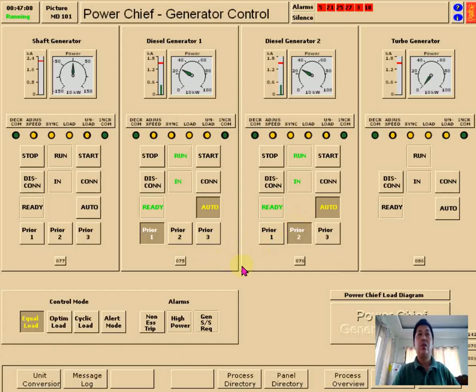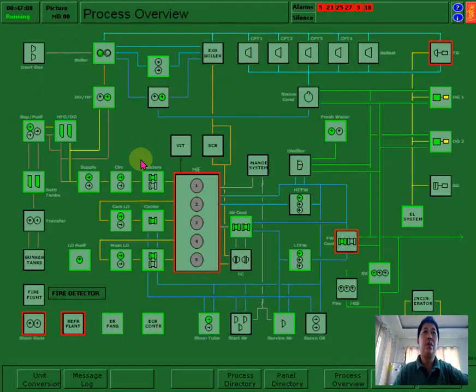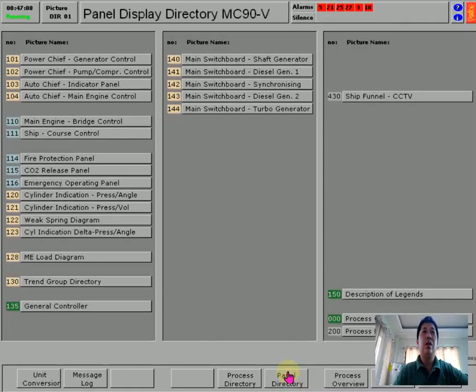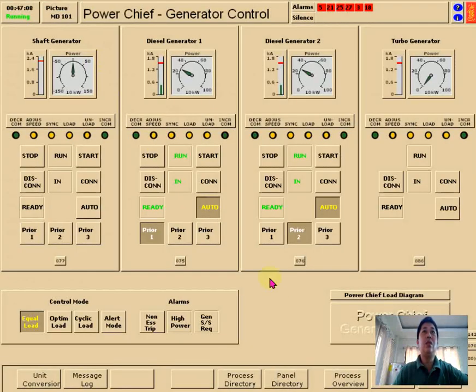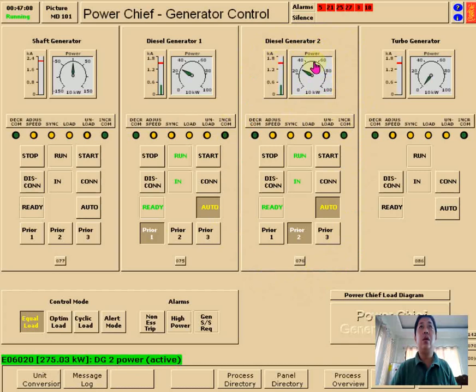If you reduce the load, stop some machinery, then number 2 will take all the load.